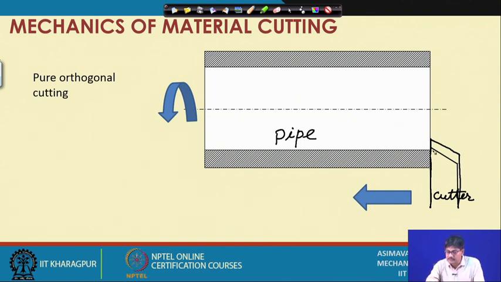So, this material will be coming out straight, and there is no contribution of the auxiliary cutting edge. Hence, we say that the effect of the auxiliary cutting edge is completely absent here. So, pipe cutting, and also we will notice here phi is equal to 90. So, lambda is 0, phi is equal to 90, and there is no contribution from the auxiliary cutting edge. So, this sets the stage for the consideration of pure orthogonal cutting.